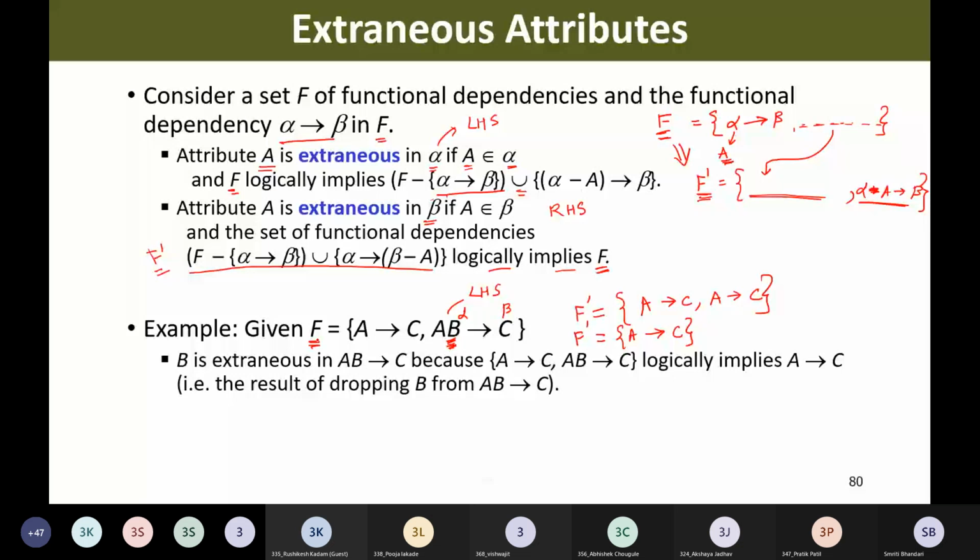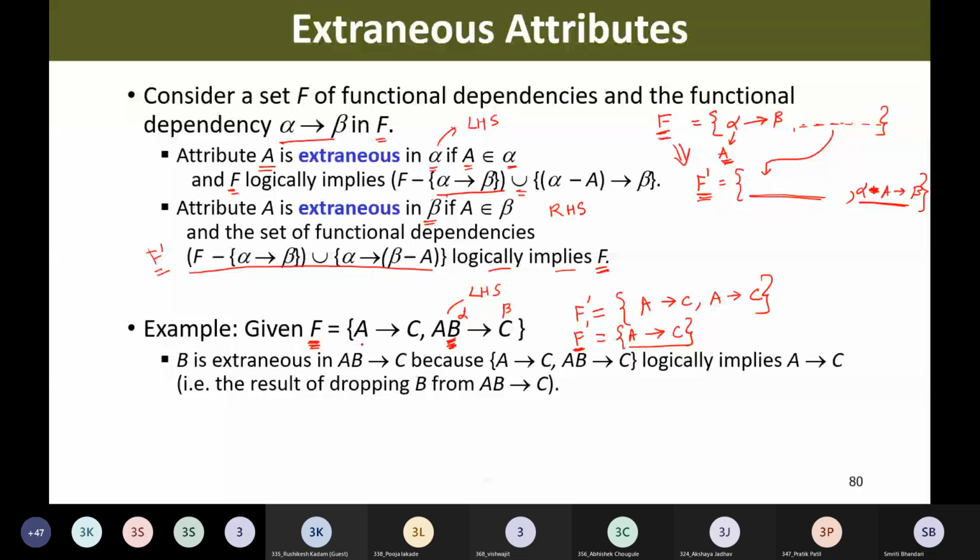So simply I am testing whether this original set F implies this F dash, meaning whether by making use of these functional dependencies, it is possible for me to imply this dependency A to C. Obviously yes. Why? Because A to C is already present in my set of functional dependencies.